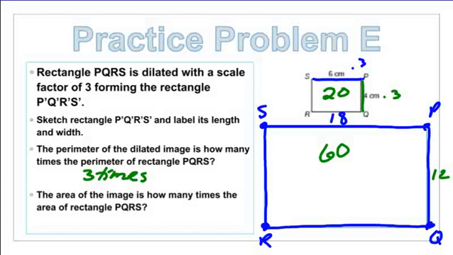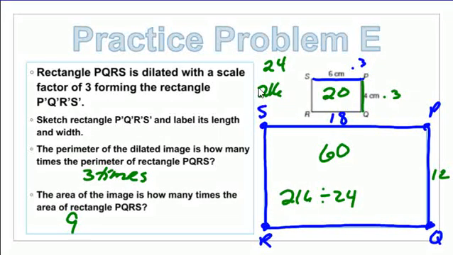Now the area: 6 times 4 is 24, and then 18 times 12 would give you 216. If I take 216 divided by 24, I get an answer of 9. So the area of the image is how many times the area of the rectangle? It's 9 times bigger. So that is our lesson on transformation.